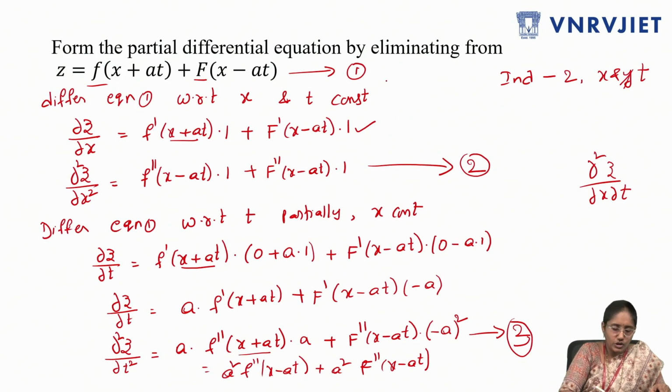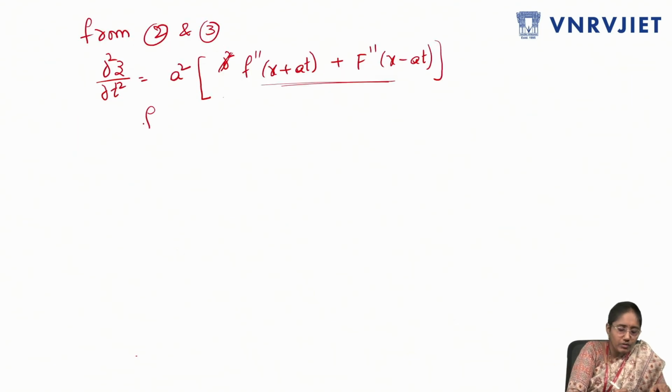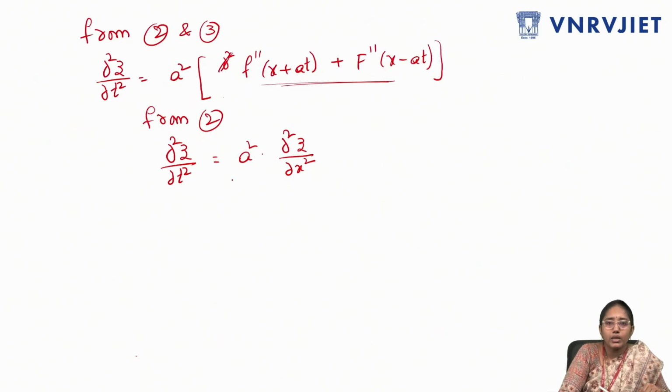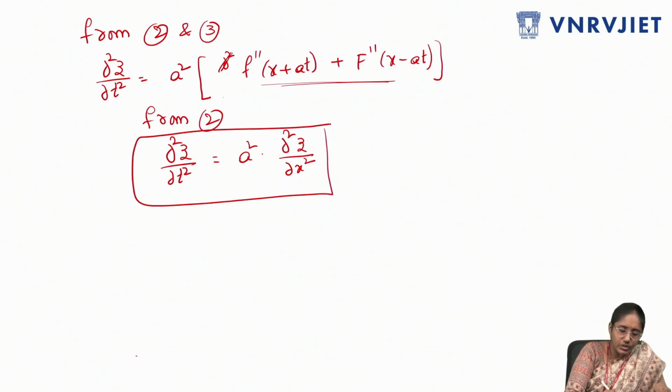So from observed equation 2, this is nothing but ∂²z/∂x², that we can replace from equation 2. ∂²z/∂t² is same as a² into ∂²z/∂x², because here we observe small f'' plus capital F'' is nothing but ∂²z/∂x², that we are replacing in this step. ∂²z/∂t² is equal to a² into ∂²z/∂x². This is our required partial differential equation of order 2.